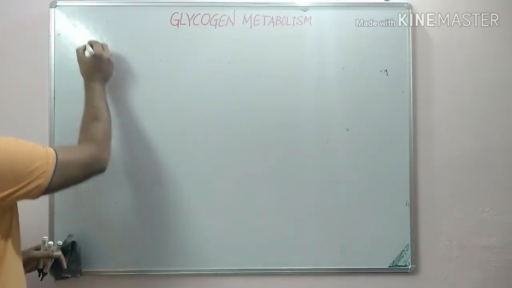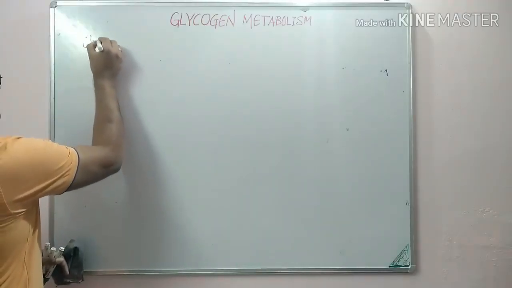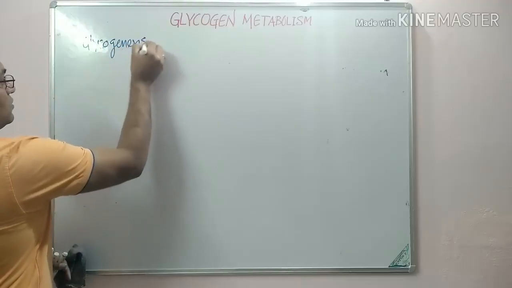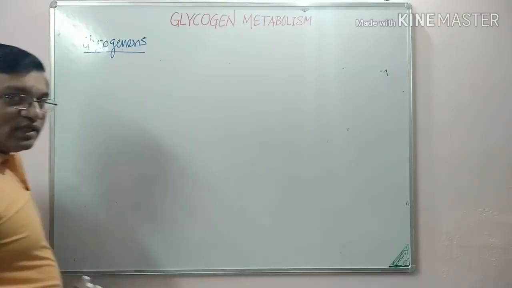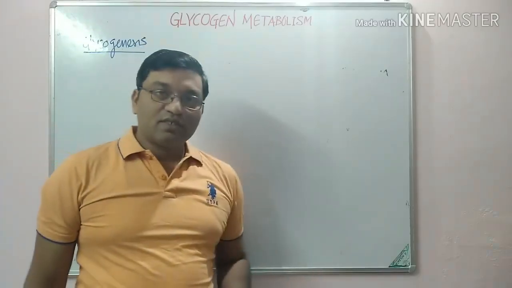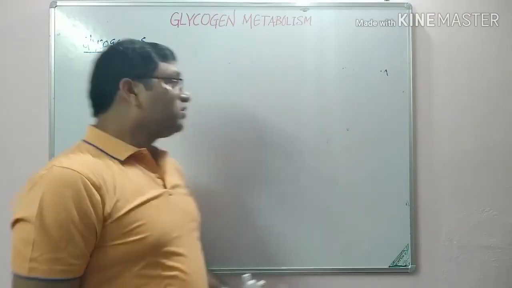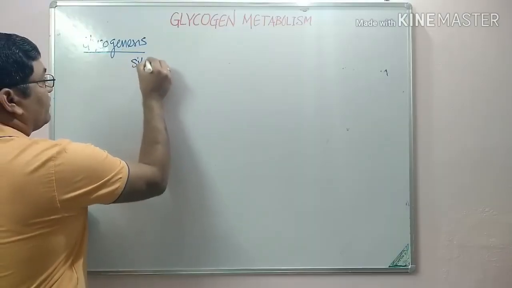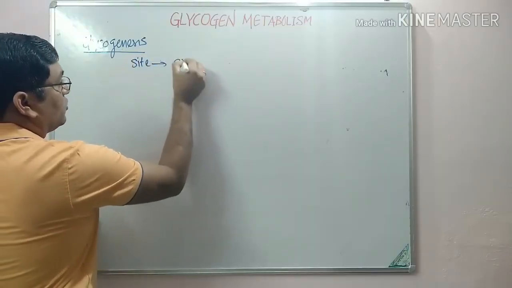Now coming to glycogenesis, by definition, glycogenesis means synthesis of glycogen from glucose. The site for glycogenesis is the cytosol.